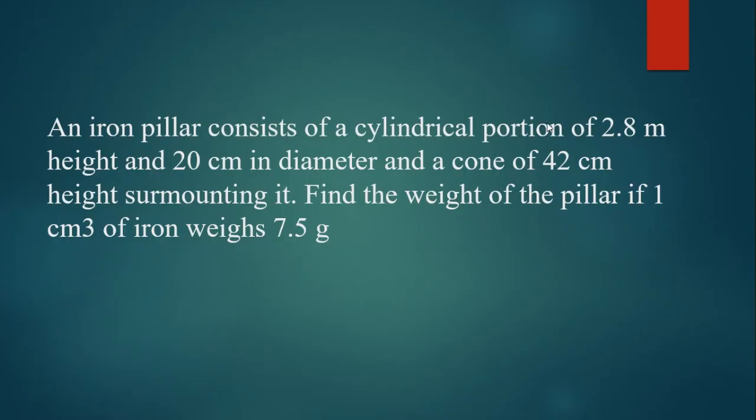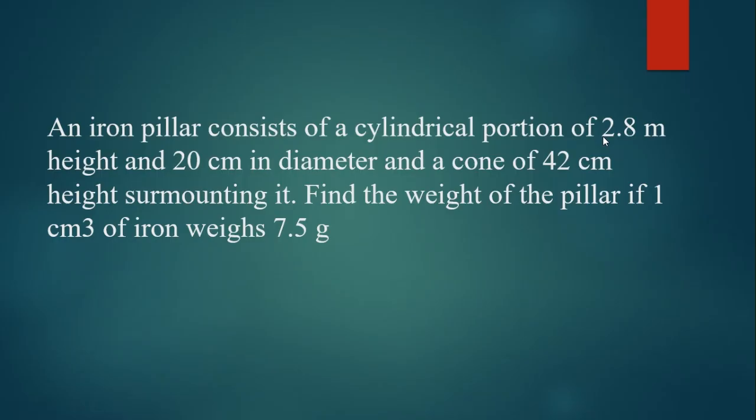When the data is given, we need to observe the values clearly. Here the height of the cylinder is given as 2.8 meters, but the diameter of the cylinder as well as the height of the cone are given in centimeters. It is clear that we need to change the units. If everything is given in centimeters, we can take the values as they are.